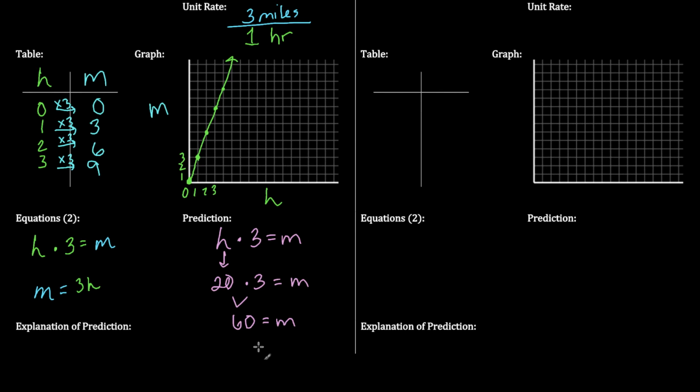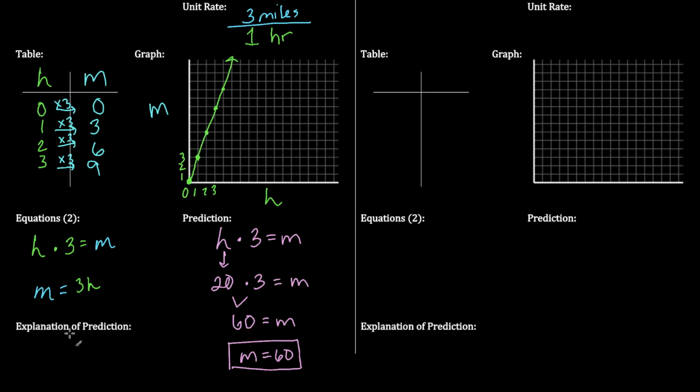So you could also just put miles equals 60. If you feel more comfortable using this one right here, miles equals 3h, then you can do that one too. We'll do that in the next situation. Either equation will work as long as you show the work for it, okay?